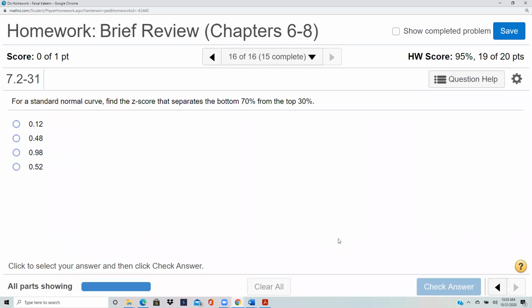I was waiting for this one. Find the z-score that separates the bottom 70% from the top 30%. So let's see. You may have developed some idea about this one, because this can be done in different ways, and if you know a way, I don't want to interfere with that.